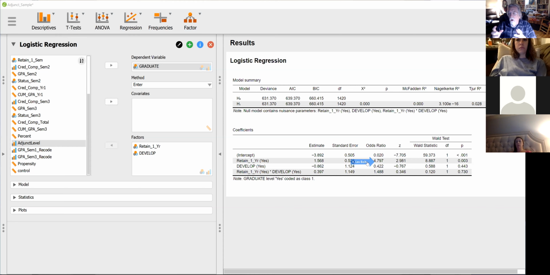And so that's the power of this technique. It's a very strong predictive technique, and it allows us to feel pretty strong about predictions.